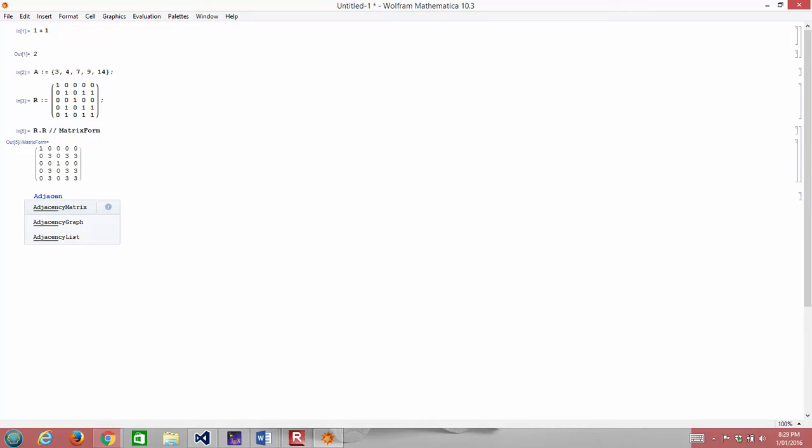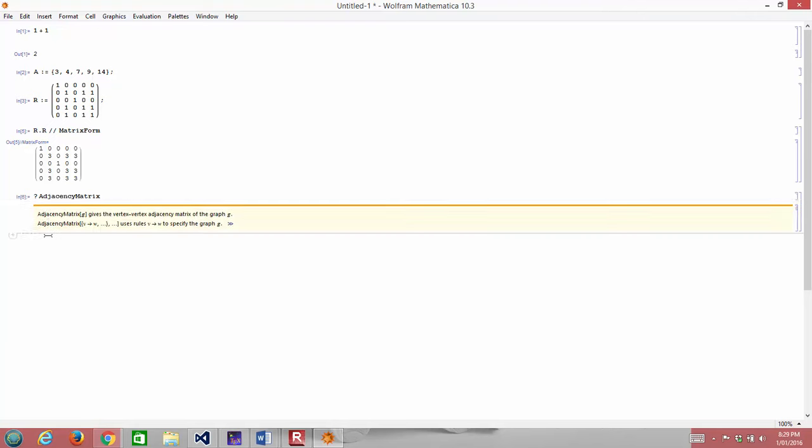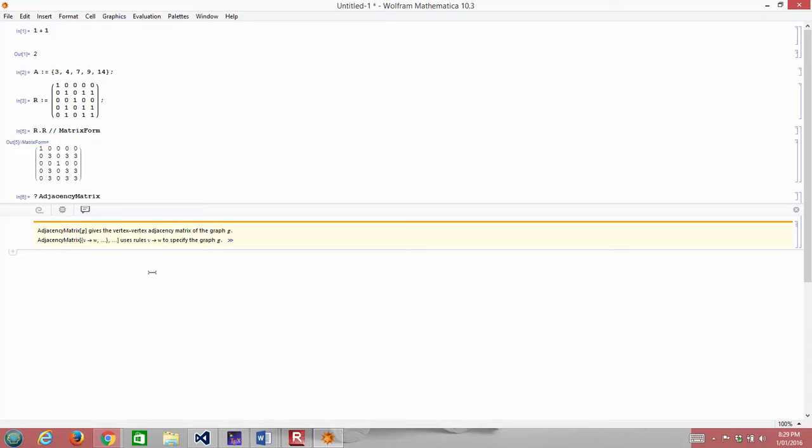Remember your capitals. Let me teach you something else cool about Mathematica real quick. Let's say I wanted to use this command, AdjacencyMatrix, and I don't really know what I should do with it. Then I type in a question mark, AdjacencyMatrix, and I hit Shift Enter, and Mathematica tries to tell me what it wants. It says AdjacencyMatrix of G gives the vertex-vertex adjacency matrix of the graph G. Okay, that seems really strange.